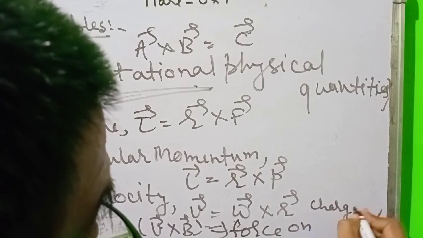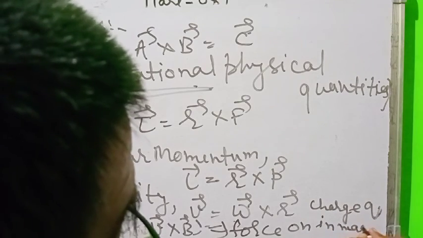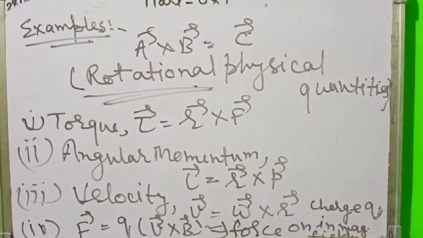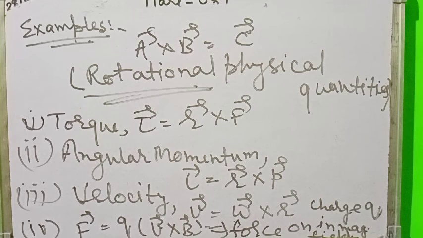So these are certain examples of cross product or vector product, in which two physical vector quantities can be multiplied to get a new vector quantity.